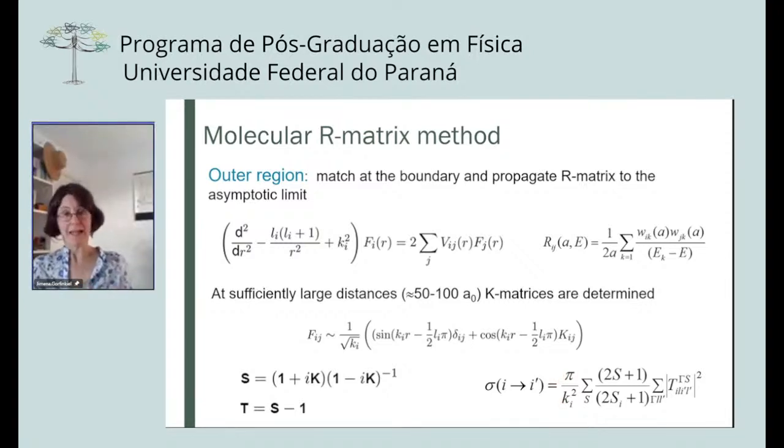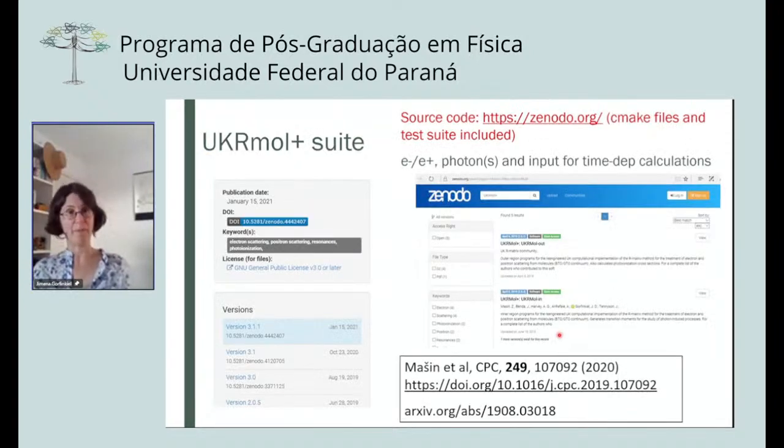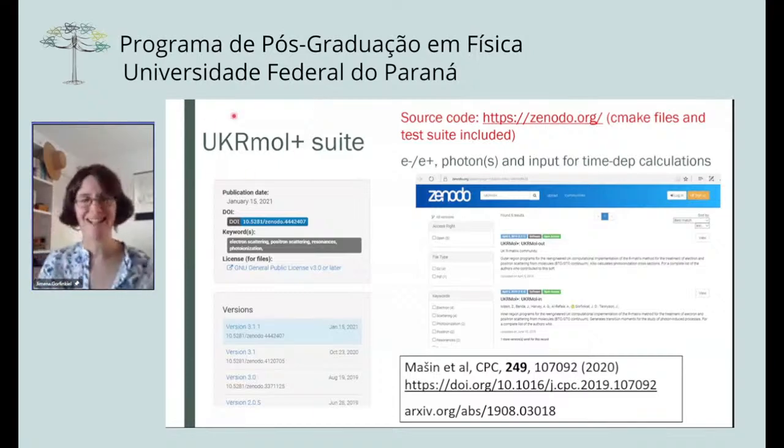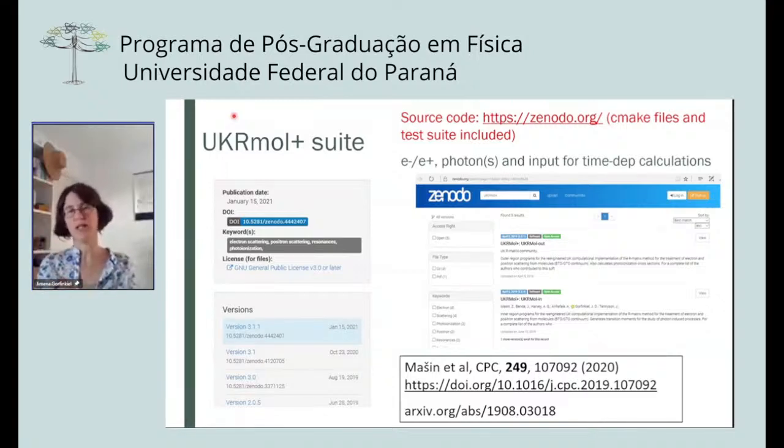So, as I said before, these things are nowadays implemented in software, and what we have done with the R matrix method in the UK, which comes from way before I started this work, is to develop a set of programs to do these calculations. These programs were started for diatomic molecules back in the 70s, but over the last decade or so, we have completely rewritten them, and we've published a paper in 2020 on that, and we make these codes freely available on the internet.